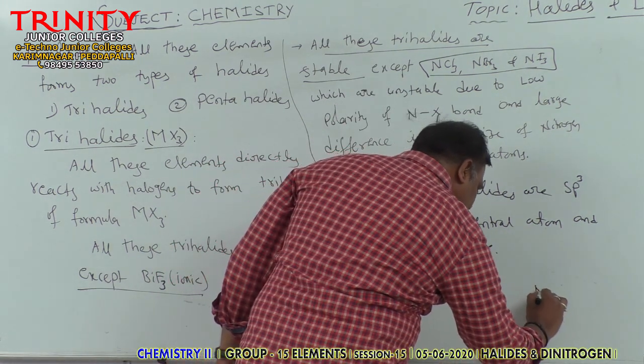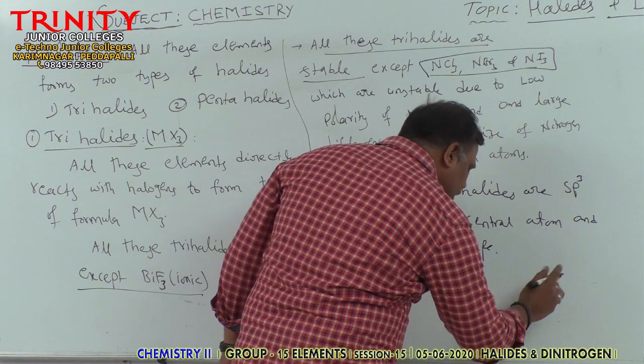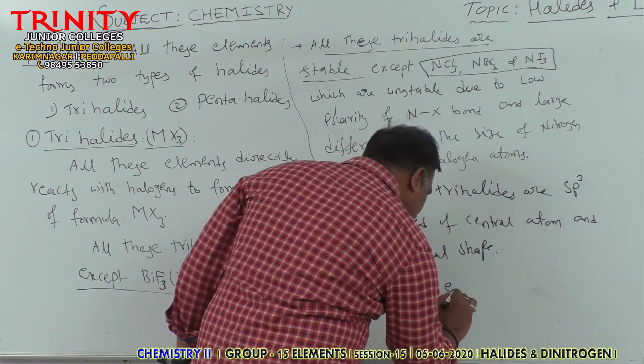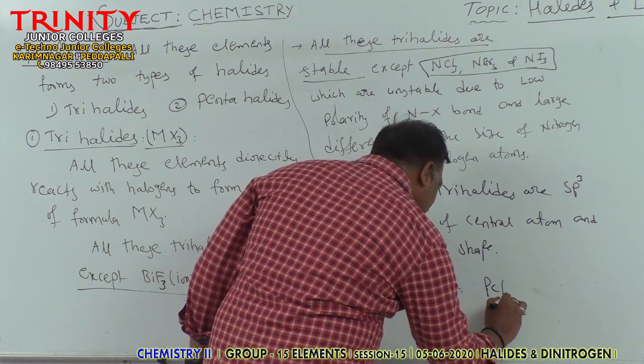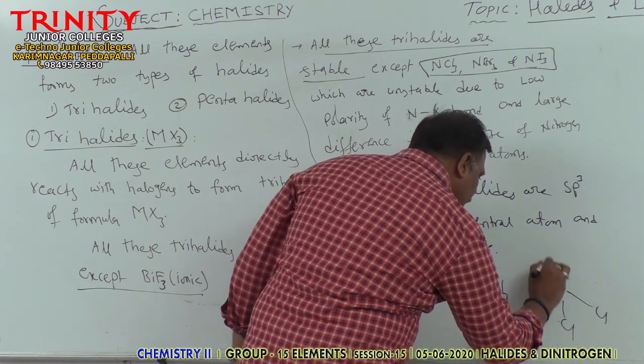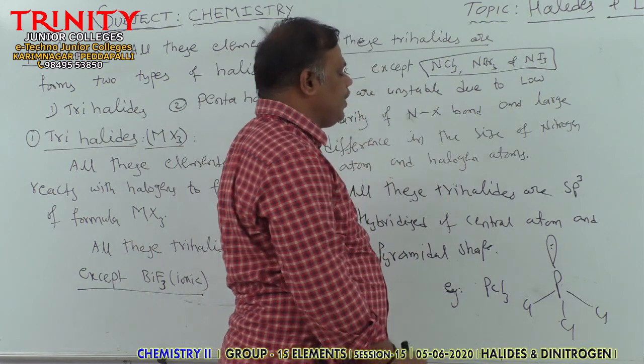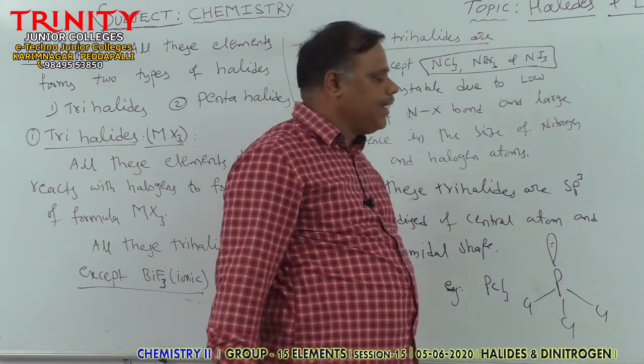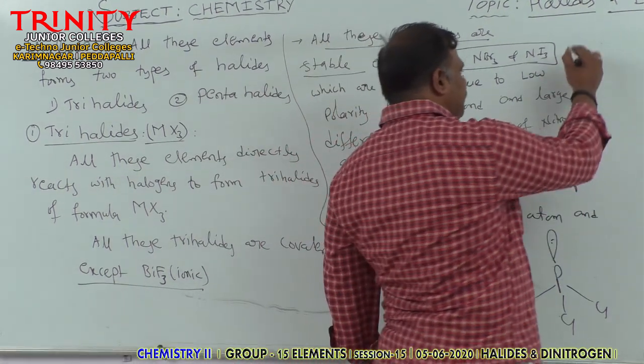Suppose NCl3 or PCl3, for example: chlorine atoms, a lone pair of electrons, sp3 hybridization and then pyramidal shape.